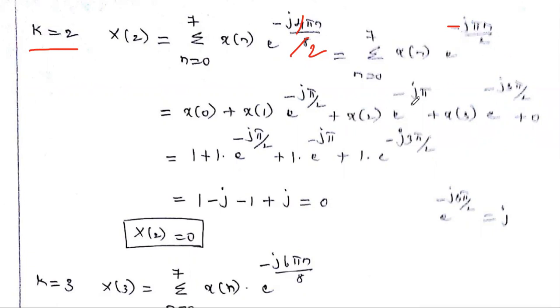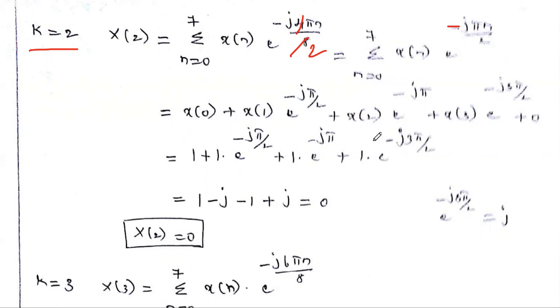So the 2 cancels, we get e power minus j pi. Plus x of 3 into e power minus j 3 pi by 2. Then x of 4, x of 5, x of 6, x of 7. The last 4 samples are 0, so you directly put 0 plus 0 plus 0.